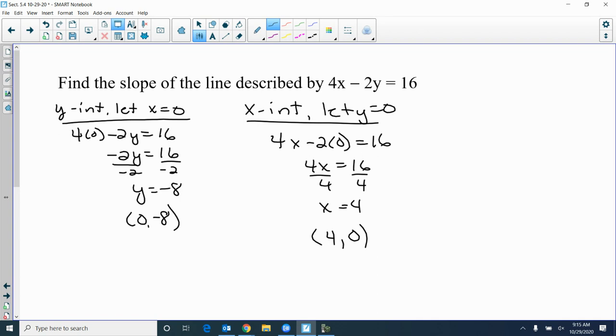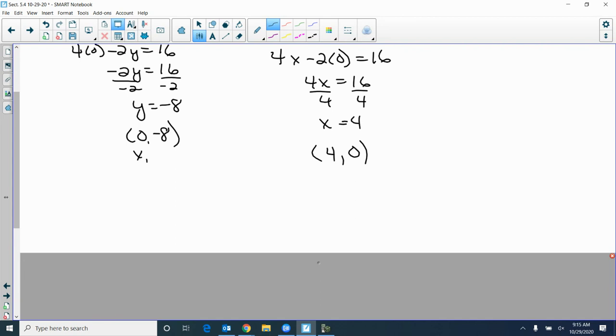I got 2 points. Now remember, the whole goal of this problem said to find the slope. So this is going to be x1, y1. We can do that too.